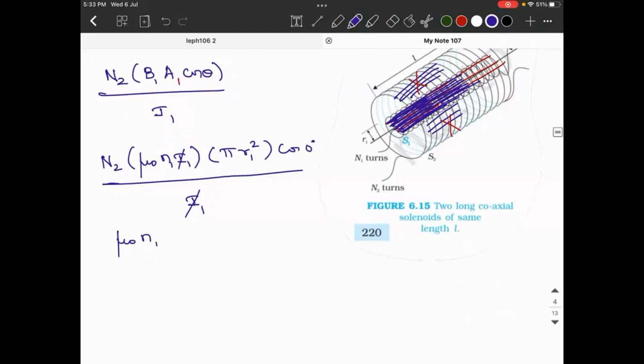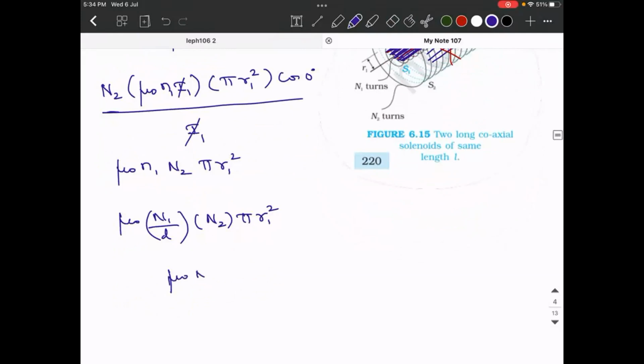Mu naught n1 into capital N2 into pi R1 square. I can write small n1 as N1 divided by L, and here you have N2 into pi R1 square. So what are you left with? Mu naught N1 N2 pi R1 square divided by L.